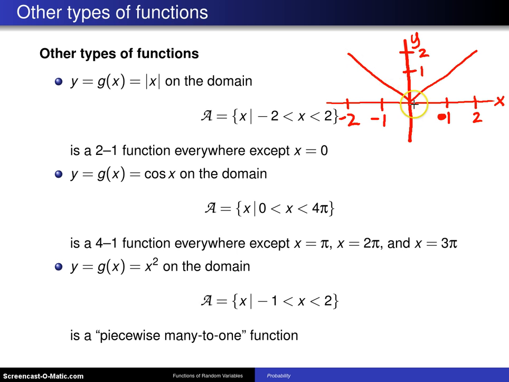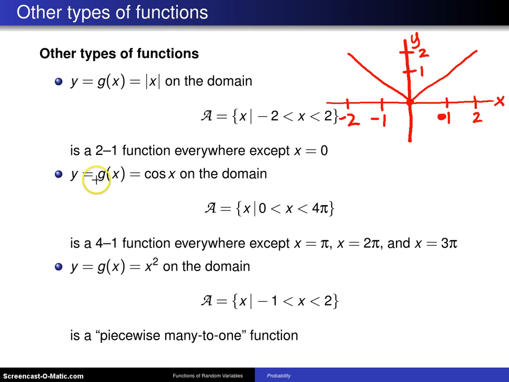Well, this particular function happens to be a 2-to-1 function, which is to say this part of the domain, namely from 0 to 2, maps to 0 to 2, and this part of the domain from -2 to 0 also maps to 0 to 2. So everywhere except at the origin, this function is a 2-to-1 function.